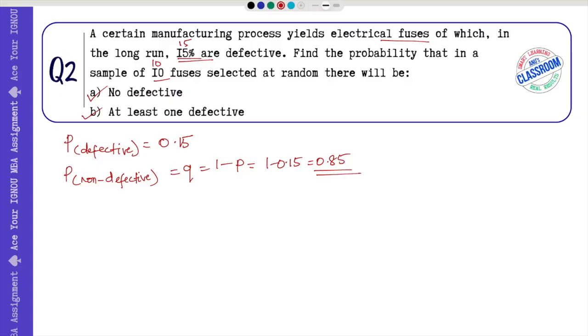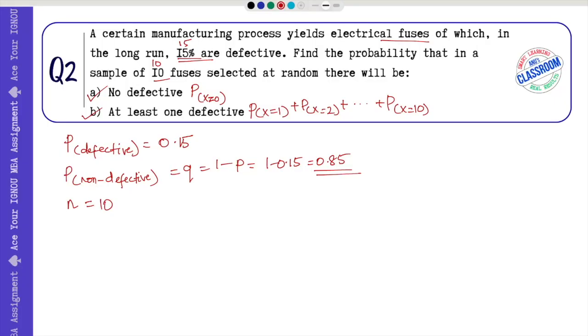This much is clear. So now what we have to do is find the probability that if we pick a sample of 10 fuses from the whole lot from the production line, first, there are no defective samples, and second, at least one is defective. If the probability that there are no defective is P of x equal to 0, then the probability that at least one is defective is probability of x equal to 1 plus probability of x equal to 2 plus, like that, up to probability of x equal to 10.